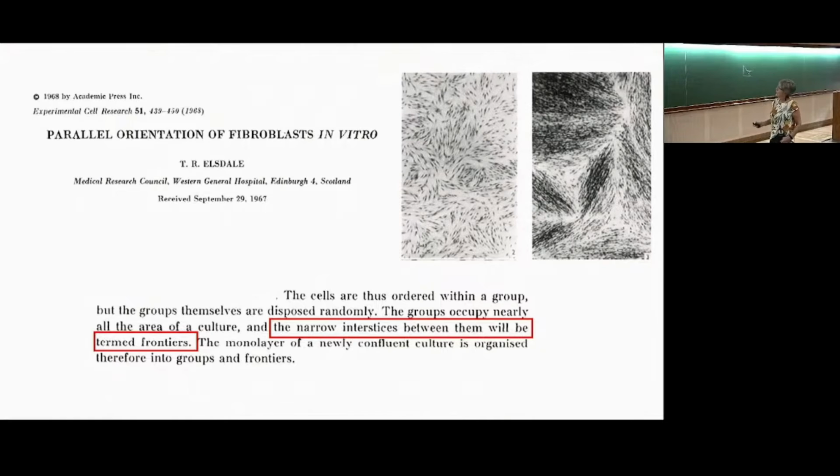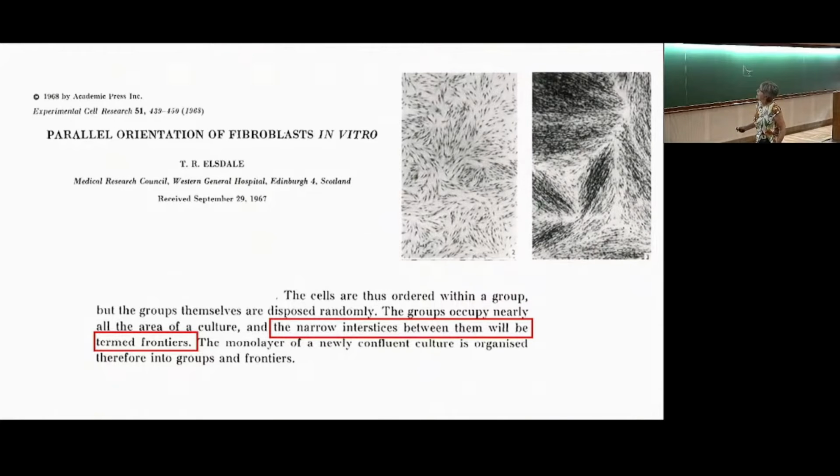Now, topological defects in living systems have been known for a long time. This is a 1967 paper by T.R. Elsdale, who worked at Western General Hospital in Edinburgh, Scotland, and looked at fibroblasts as they multiply and start becoming denser and fill the plane. What is really interesting is the text here. He noticed that eventually these fibroblasts order in line in patches.